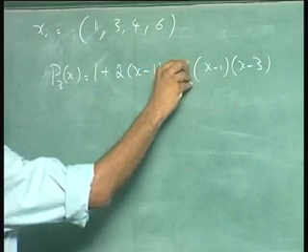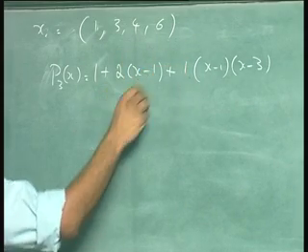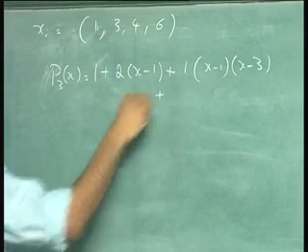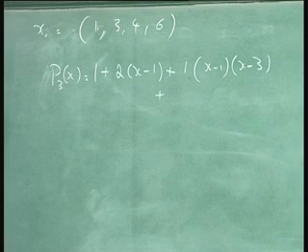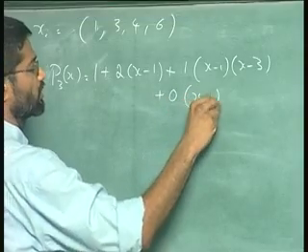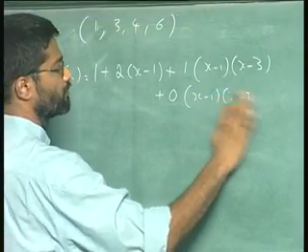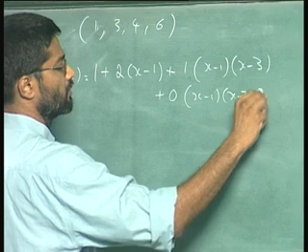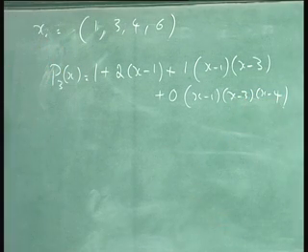So that is 1, and the next term coefficient is 0. That doesn't bother us, but anyway we will write 0 into x minus 1 into x minus 3 into x minus 4. So that is the third order polynomial which we will have.